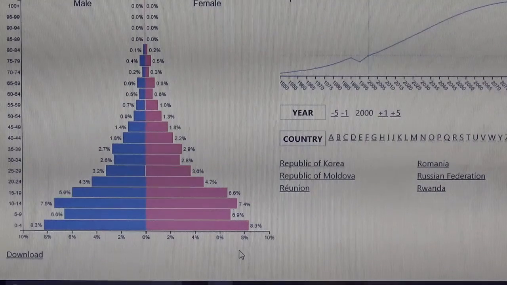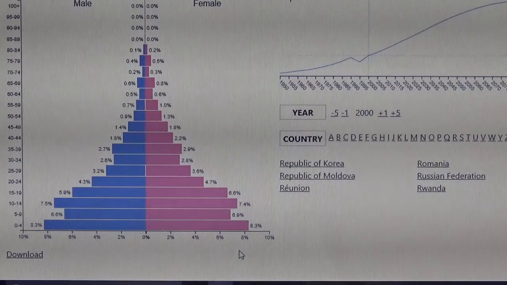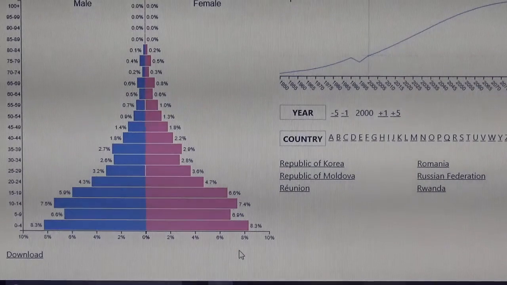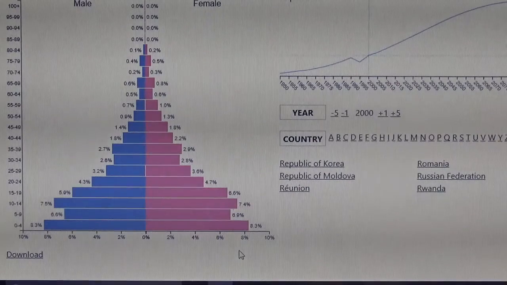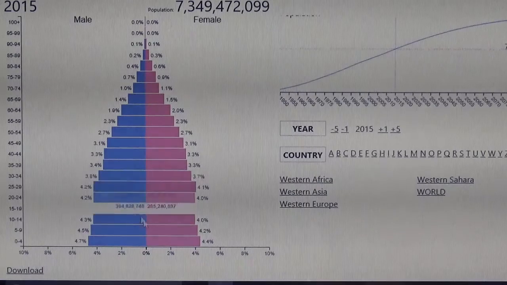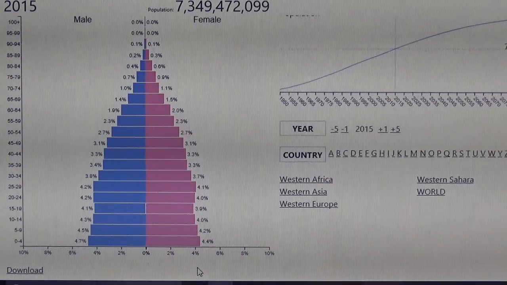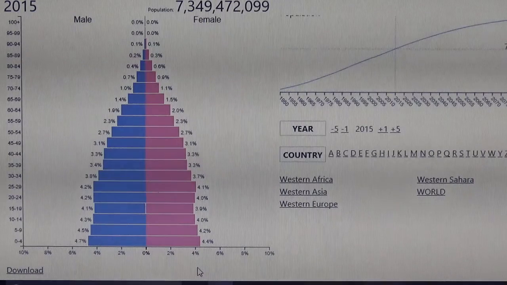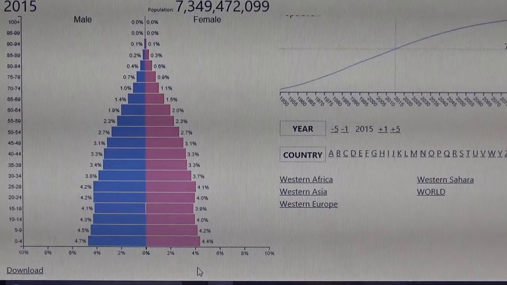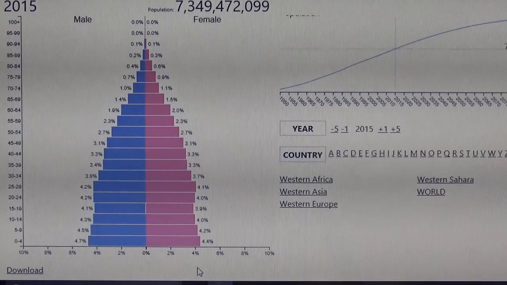What a population pyramid is also able to tell us is if or when a population began to be subjected to population control methods. Now let me go back to the population pyramid of the world. In a future video lecture, I will show you how to read the changes in a population pyramid and how to determine if they are the result of war, famine, or deliberate population control methods.